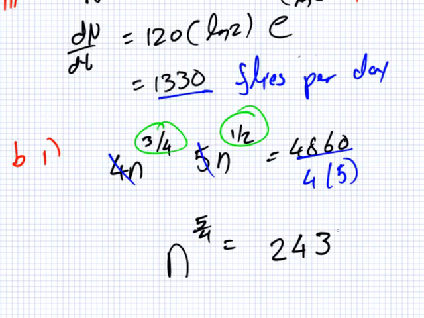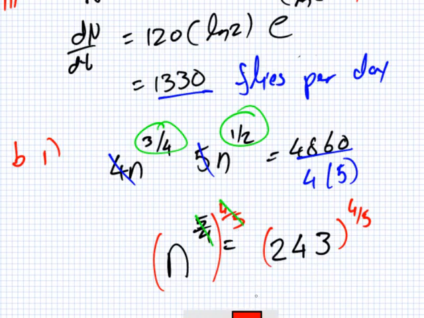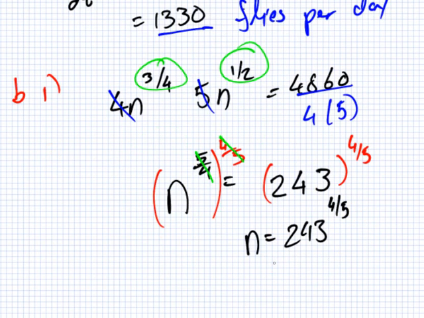Log is one way to do it, but there's something a little bit quicker. What you could do is put a power on both sides, power 4/5, because then these cancel. So you get n is 243 to the power 4/5, which is 81.